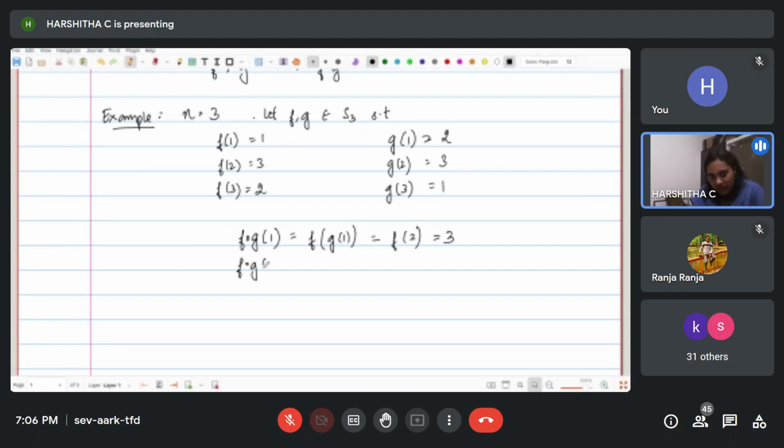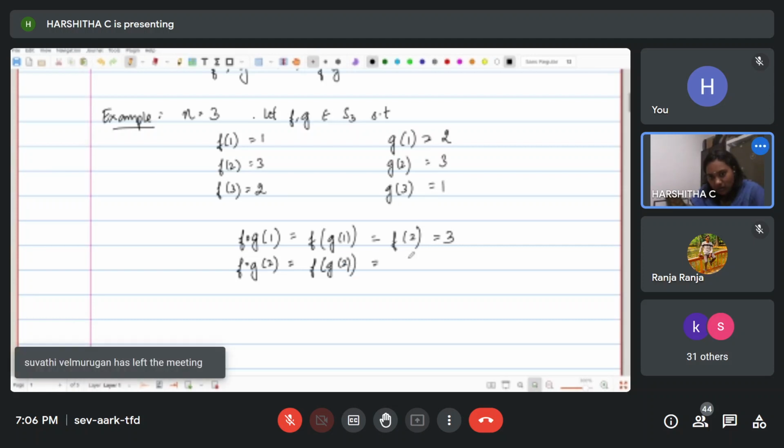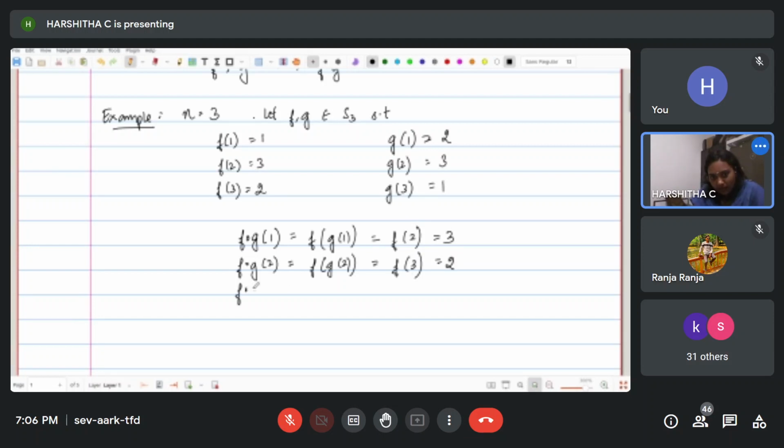Similarly, f composite g at 2 is f of g of 2. g of 2 is 3, and f of 3 is 2. Similarly, we do f composite g at 3. g of 3 is 1 and f of 1 is 1.